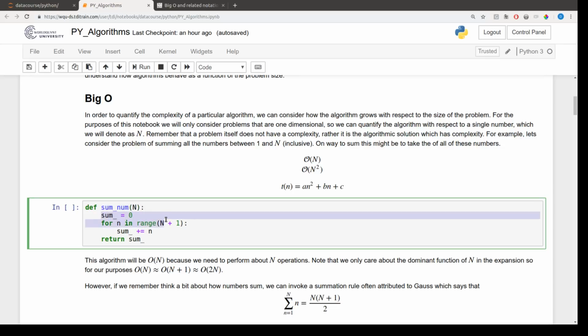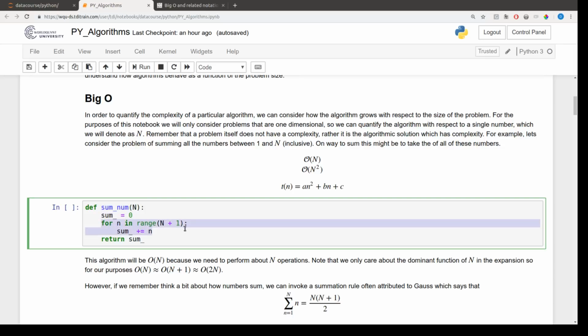The sum is initially equal to 0. And then for each number between 0 and n plus 1, so 1, 2, 3, 4, 5, 6, 7, 8, blah, blah, blah, up to and including n, I will simply add that number to my running sum, and then at the end I will return the total.